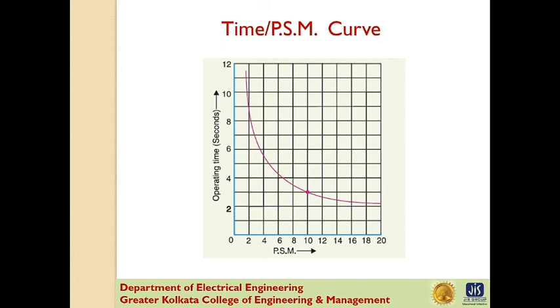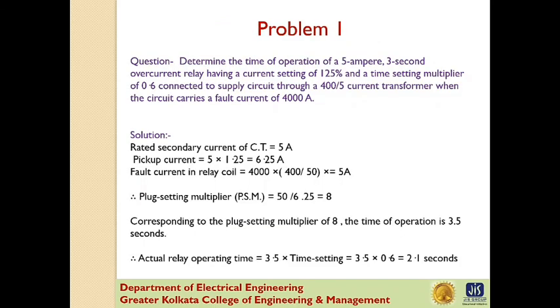Next, determine the actual time of operation by multiplying the above time of the relay by the time setting multiplier in use. So now we will solve a numerical problem following these steps.